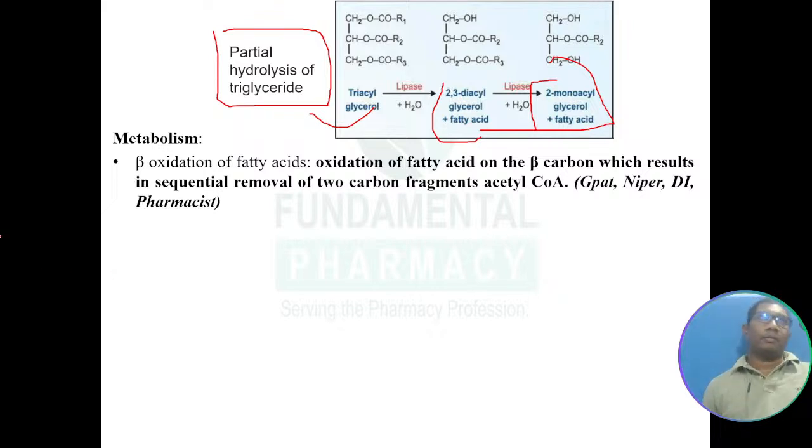Metabolism of lipids. So in metabolism of lipids, the most important reaction is oxidation of fatty acid. Beta oxidation of fatty acid is known as beta oxidation. तो मेटाबॉलिज्म में ये मेन साइकिल कौन सा है?